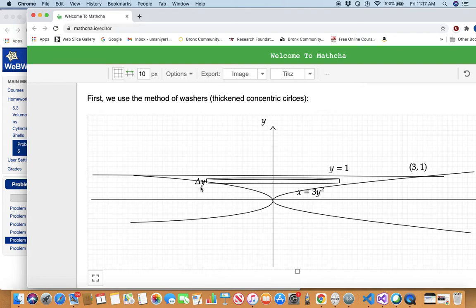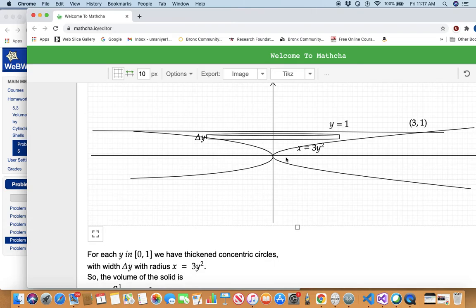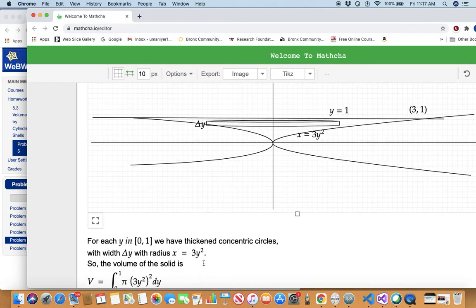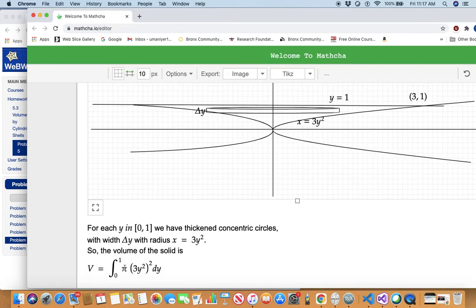So, that tells me I'm going to take integration with respect to y. And for each y going from 0 to 1, width is delta y, radius. What is the radius? Radius of this circle is x coordinate, but x is 3y squared. So the volume is integral 0 to 1 pi radius squared dy.